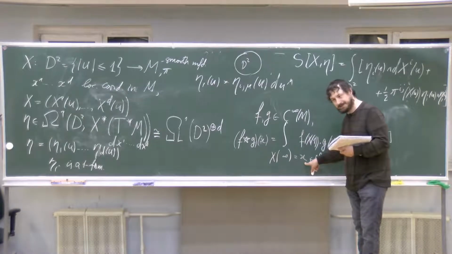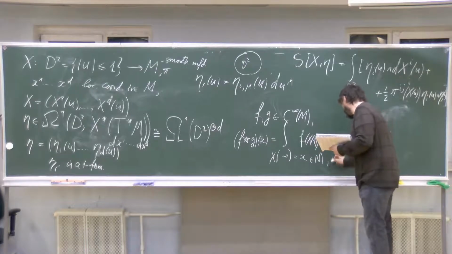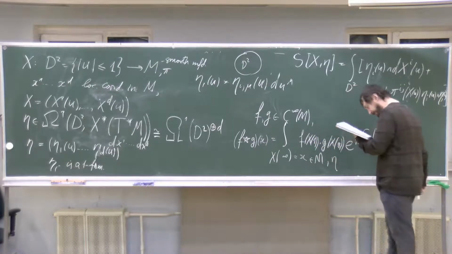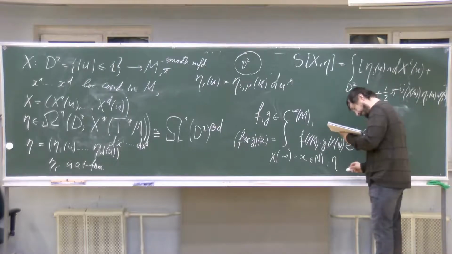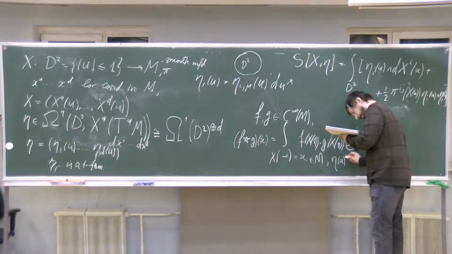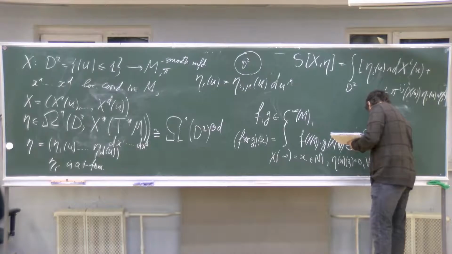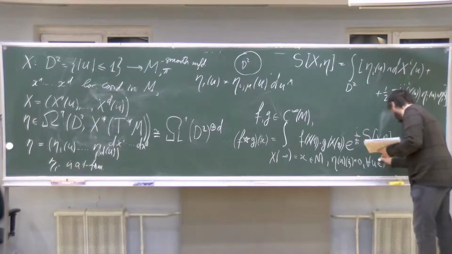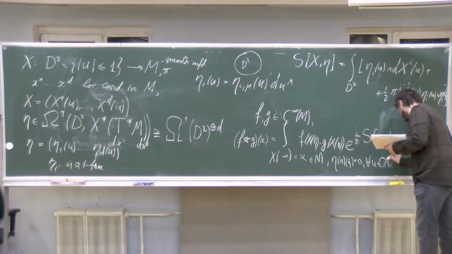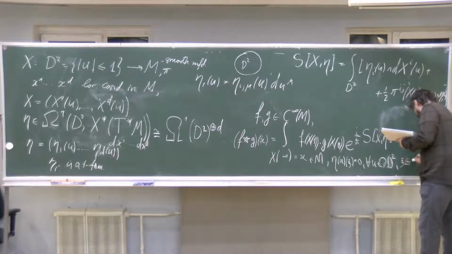It's just smooth maps, all smooth maps with this property, and all etas with the additional condition that eta u applied to psi is equal to 0 for all u at the boundary of the disk, and all psi tangent to the boundary.